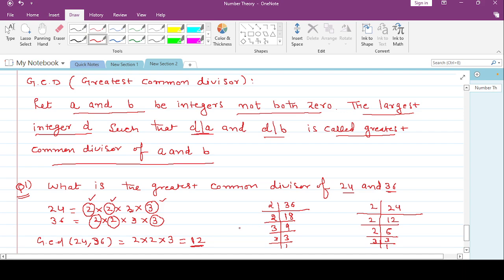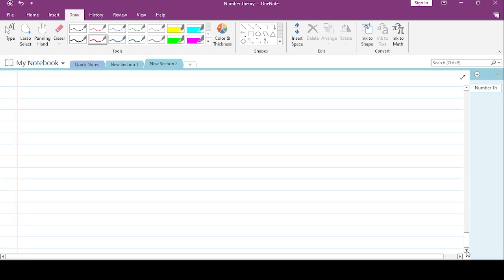You can check that this is the largest number which divides both these numbers, 24 and 36. Whatever your GCD is, that always divides your given numbers. So check that 12 divides 24 and 12 divides 36, and it is the largest number which is dividing both these numbers. Now next question we see.